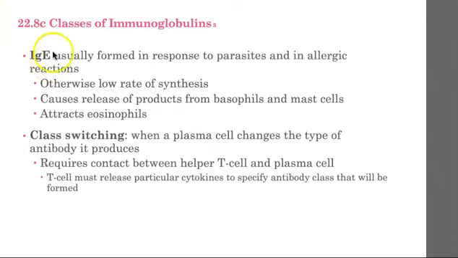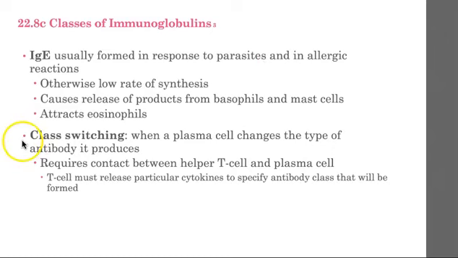Lastly, we have IgE, and this is usually formed in response to parasitic infections or allergic reactions. Otherwise, we have a low rate of synthesis of this immunoglobulin. It can cause a release of products from basophils and mast cells, namely histamine being released, and it can attract eosinophils, especially when we have that parasite infection taking place.